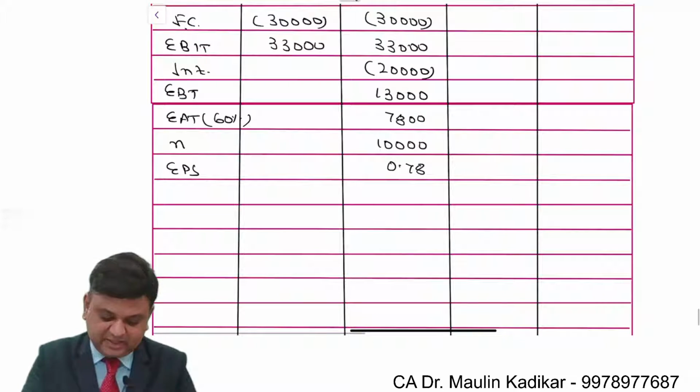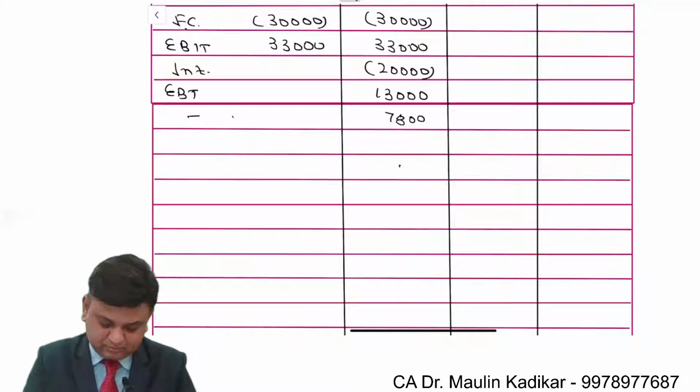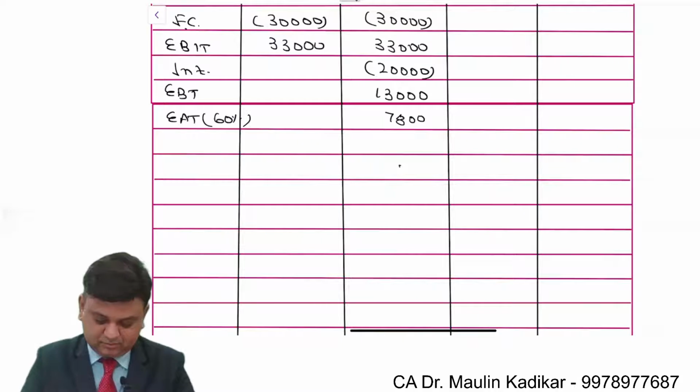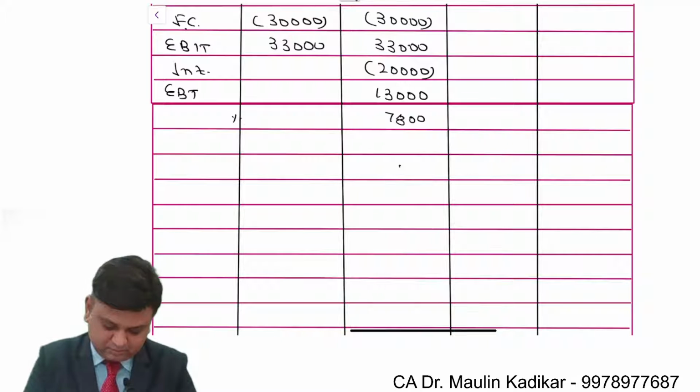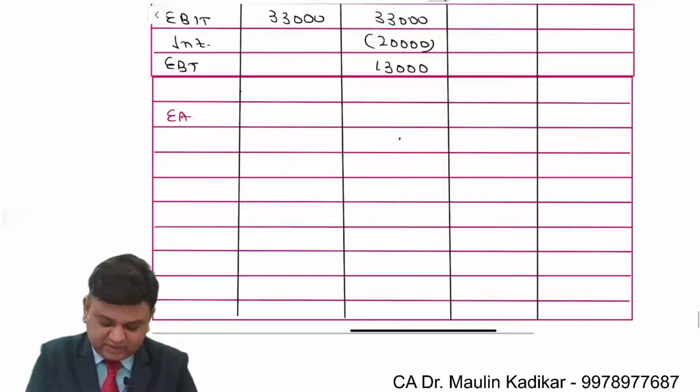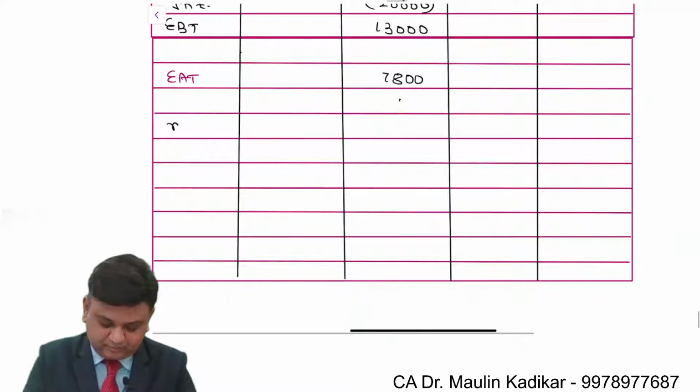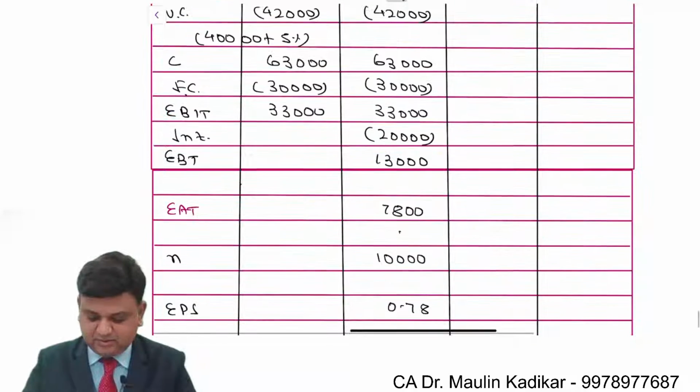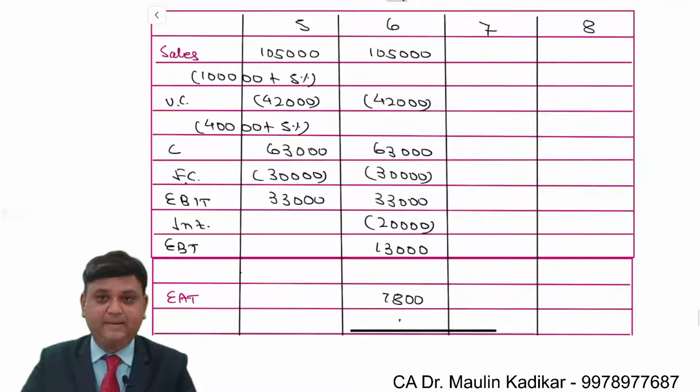This is the way we can make the computation of the EPS. Earning after taxes 7,800. Number of equity shares are 10,000. And earning per share is 78 paise. This is what we understand.